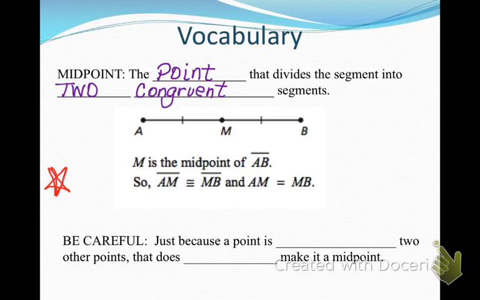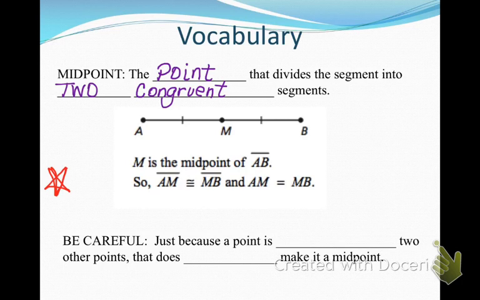It says point M is the midpoint of line segment AB. So line segment AM is congruent to line segment MB, and the length of line segment AM is equal to the length of line segment MB. That is how you would use your notation.